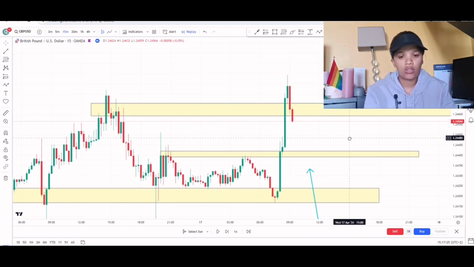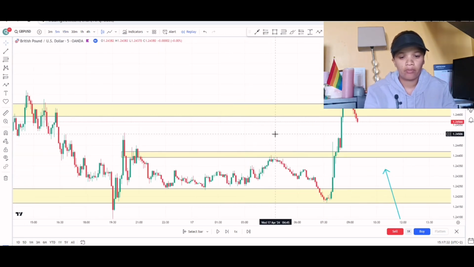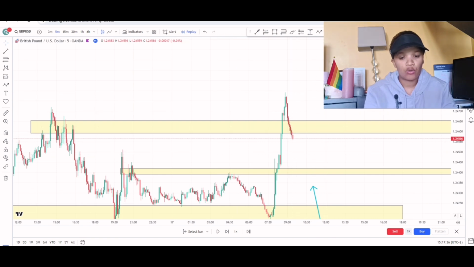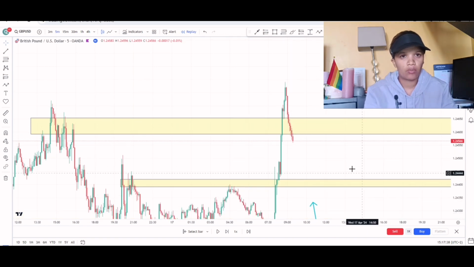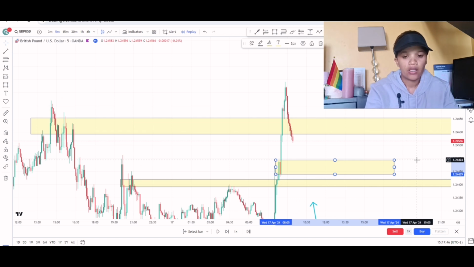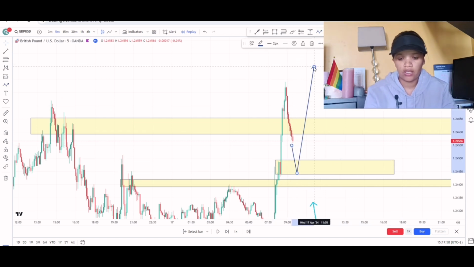But if I don't see any rejection, and price comes right through, then this will be our entry point. This is where we will enter, but we need to see a rejection of that as well. So, right, and then this is what happened. Let's just move forward.